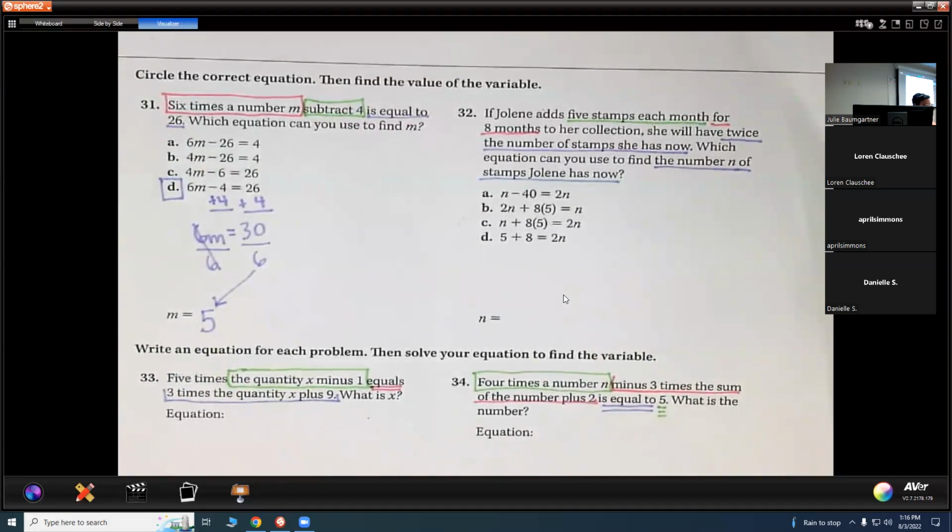Okay, number 32. If Jolene adds 5 stamps each month for 8 months, she will have twice the number of stamps she has now. Which equation can you use to find the number N of stamps Jolene has now?